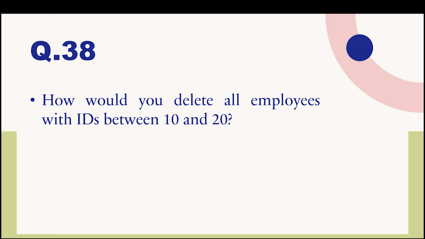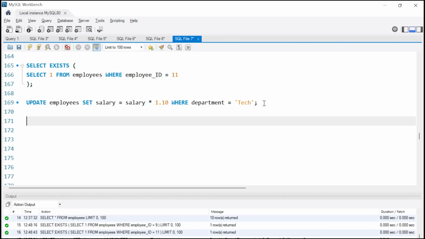So how can we delete the employees from the employee table with IDs between 10 and 20? That means we need to delete if there is an employee in the employees table having employee ID 10 or 11, 12, 13 till 20, 10 and 20 included. So we will use the delete clause.